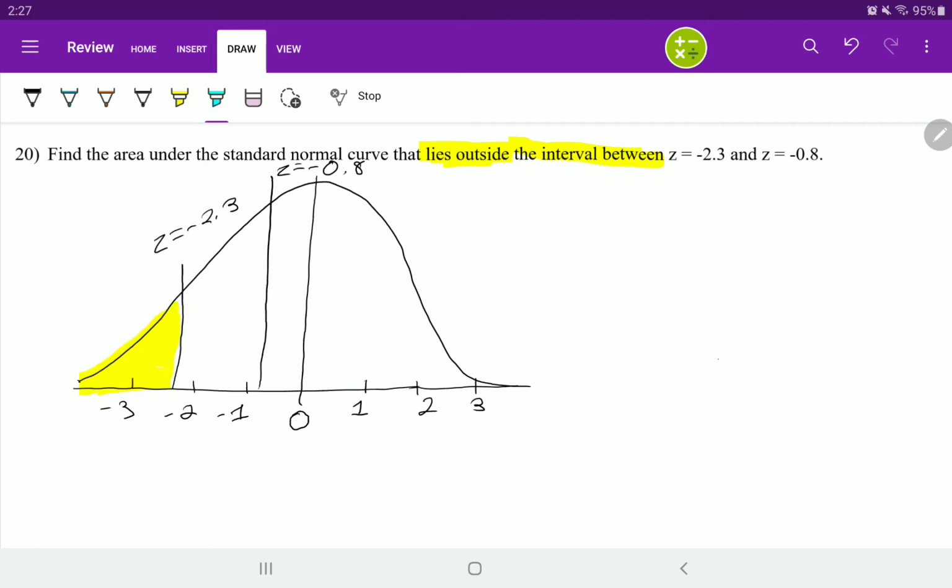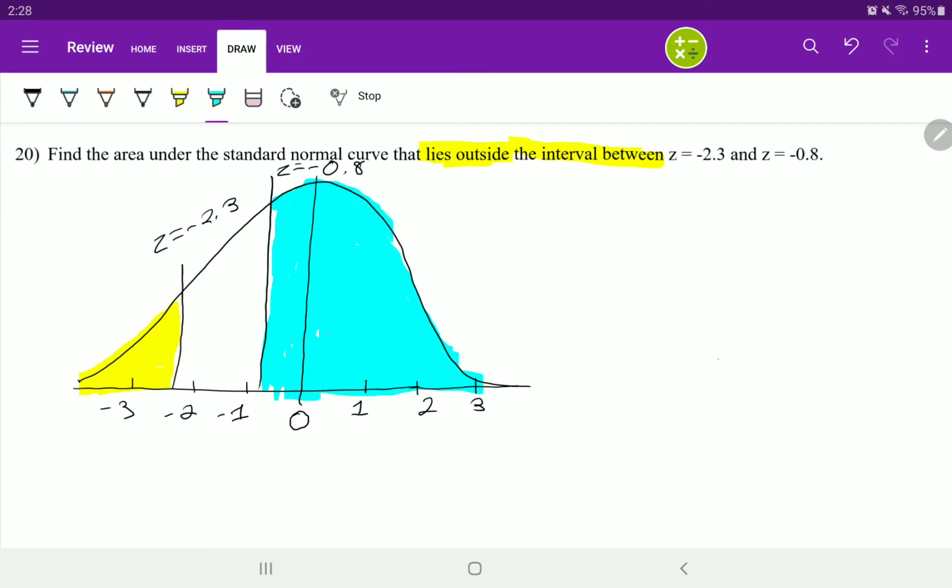And for z equals negative 0.8, I'm going to shade that to the right. So this is what we call a two-tailed shading. In a sense, a two-way shading. And if you know me, I have to fill in all the curve. I can't leave too many spots left uncolored. Don't be like me.